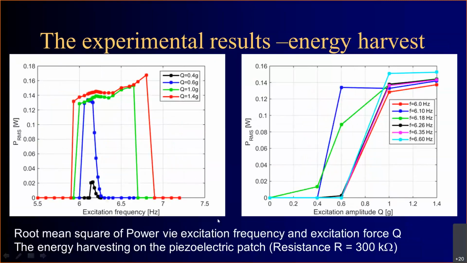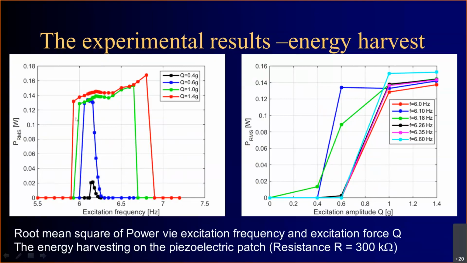And here we've got the root mean square of power versus excitation frequency for the same case. We can see if there are no impacts, the resonance zone is very narrow, but if the impacts occur, colors green and red, we've got a widened zone around the first mode.